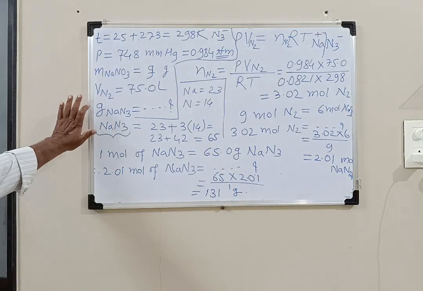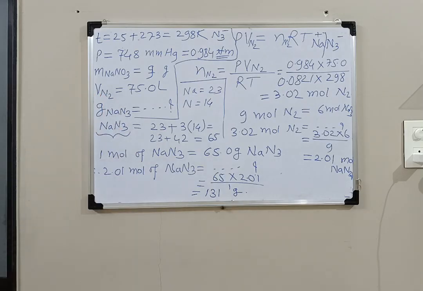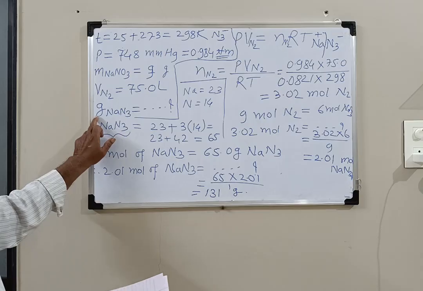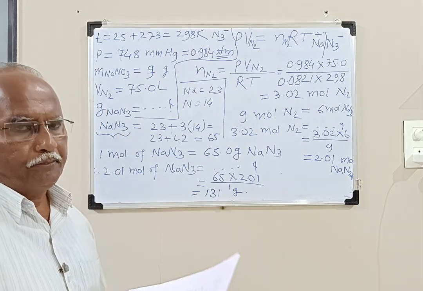So here we have to calculate the grams of sodium azide required. So sodium azide required is equal to 131 gram.